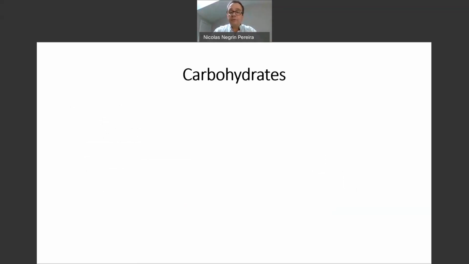Now, let's start with the first group of nutrients, which is going to be carbohydrates. One component of carbohydrates, remember from our previous specific lecture on carbohydrates, was fiber, of which cellulose is the major component. Cellulose and hemicellulose are characterized by the presence of beta linkages between 2 molecules of glucose.